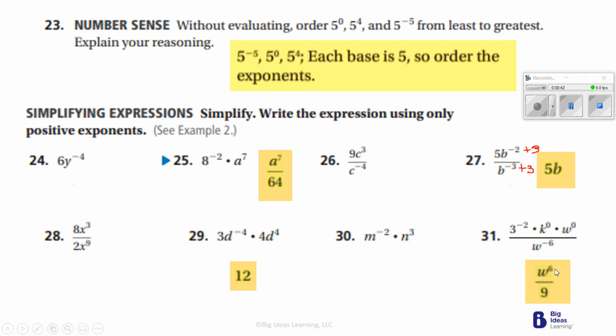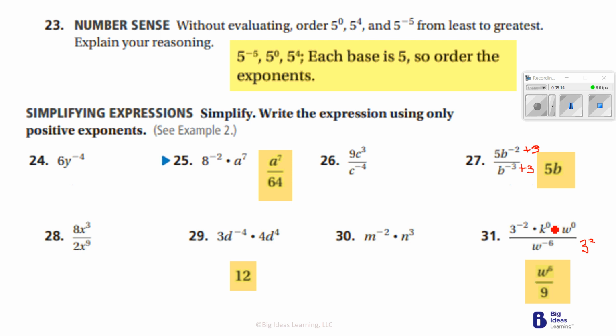Actually, this is W to the 6th power over, and that's why that came up as adding 6. W to the 0 power is 1, so it's 1 times W to the positive 6. And remember, K to the 0 power is 1. And then this 3, since it has a negative exponent, will bring the 3 down here. So for those that might get a little confused, 3 to the 2nd power is going to come down here.